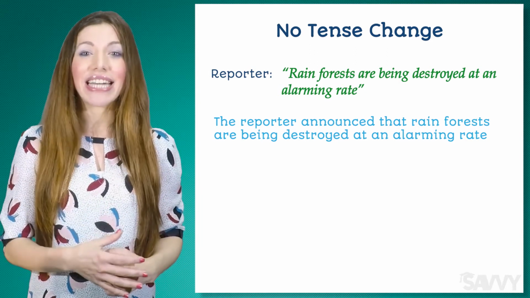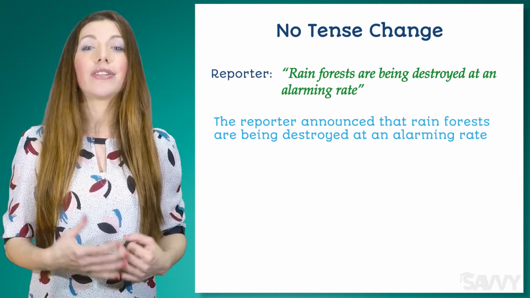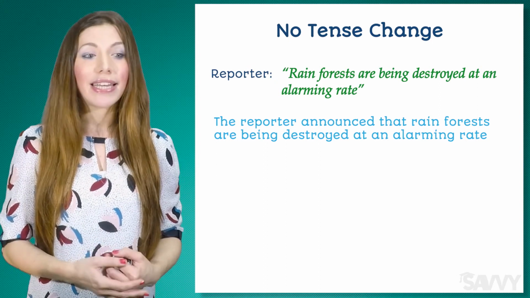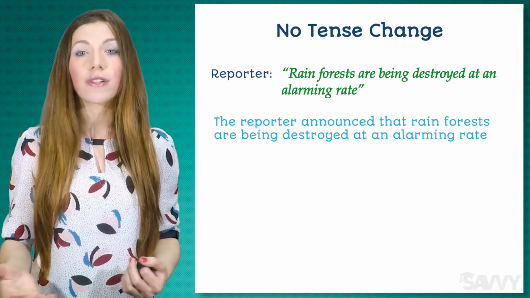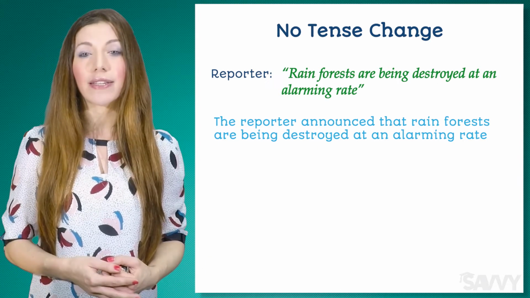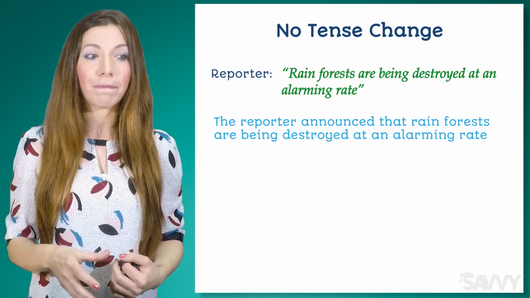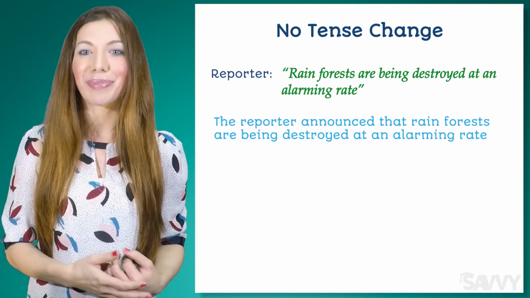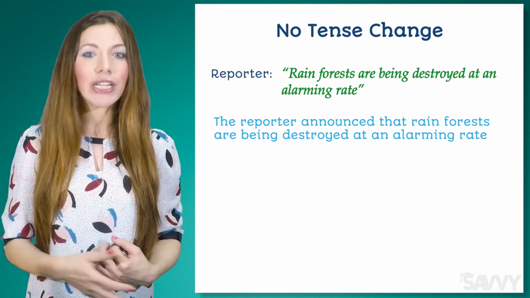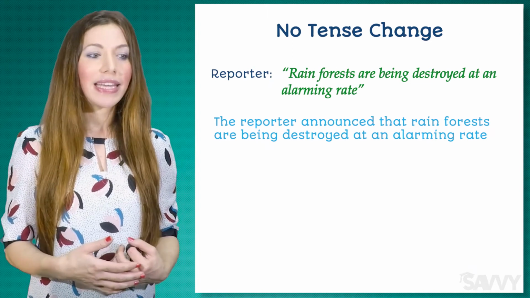So in this case, the situation is still true in the present. It is still true that rainforests are being destroyed. So we can choose to use the present simple. In this case, it was the present continuous. Let's have a look at another example.